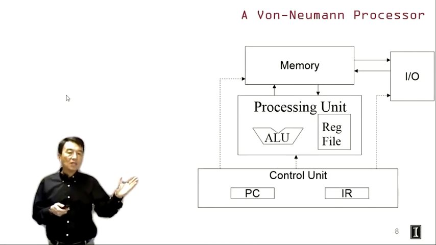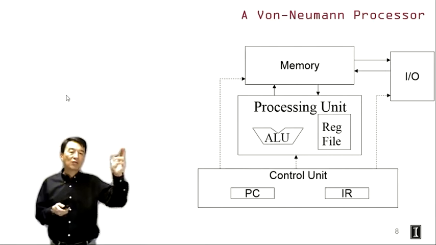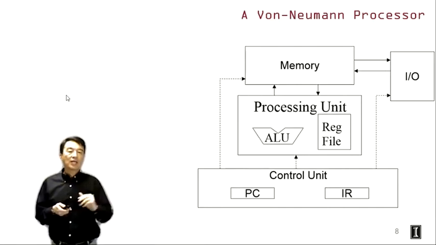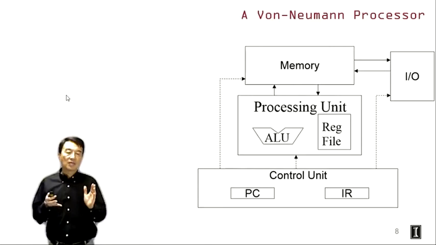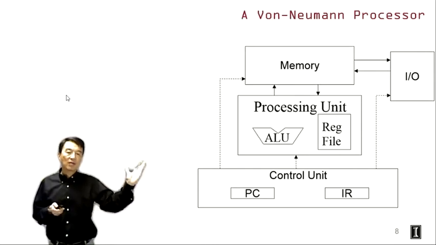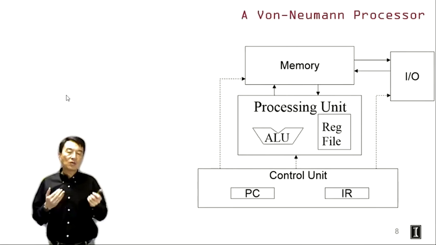Finally, some of the data will be moved back and forth between the memory and the I/O. The I/O represents the network and the disks and the displays and so on. So we're actually going to see a little bit of I/O activity as well for the rest of the class.